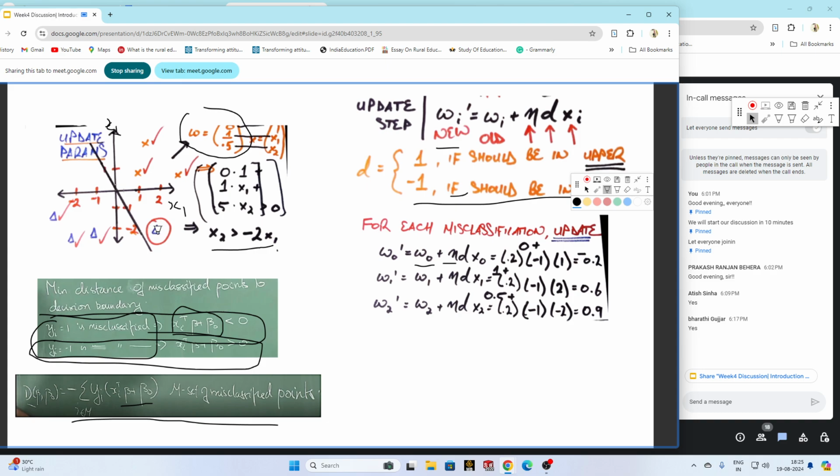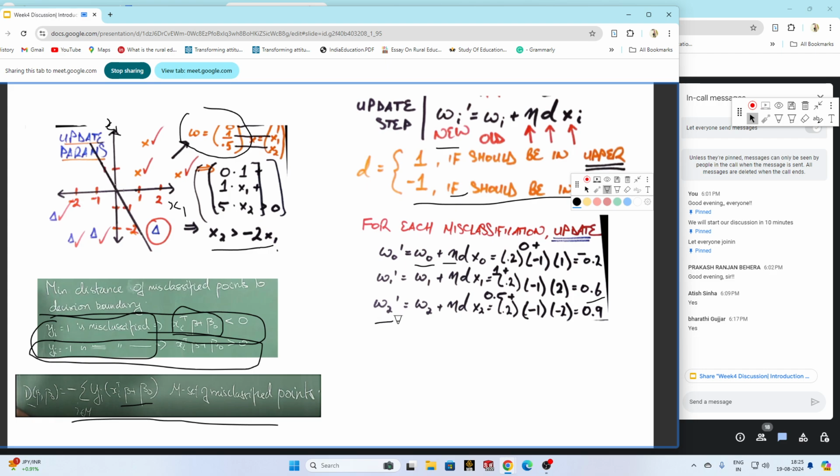So 0.2 into -1 into 1, because our input for W naught is 1. Similarly, our input for W1 dash will be 2, and d is -1 for all the cases, and the learning rate is the same for all cases, taken as 0.2 here. W1 here is 1, so 1 plus 0.2 into -1 into 2 will be 0.6.